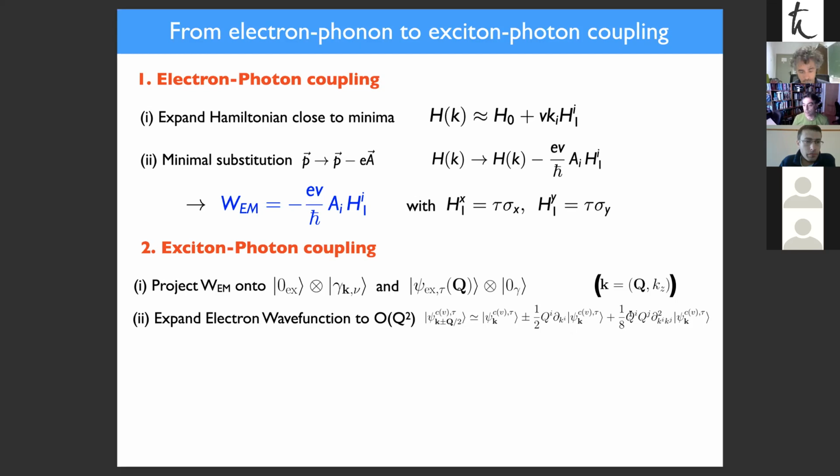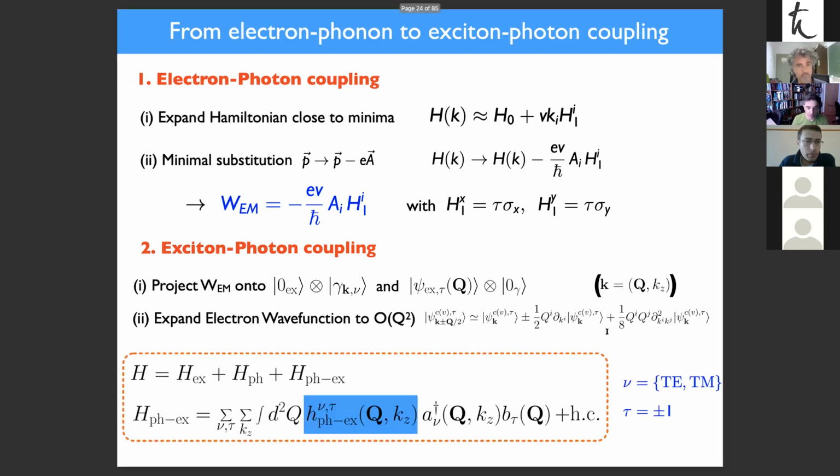So this expression is justified. And with that, we can get, after some work, the photon-exciton coupling, and it has this expression that you can recognize is in the rotating wave approximation, where you annihilate one exciton and create one photon, and vice versa, with some coupling coefficient.